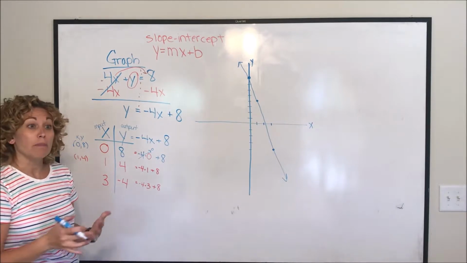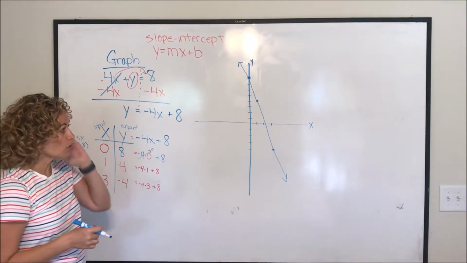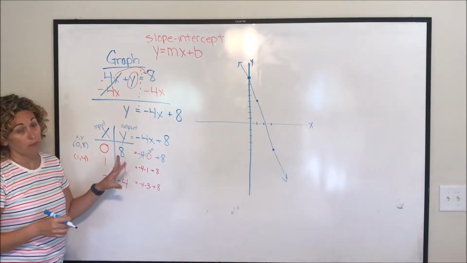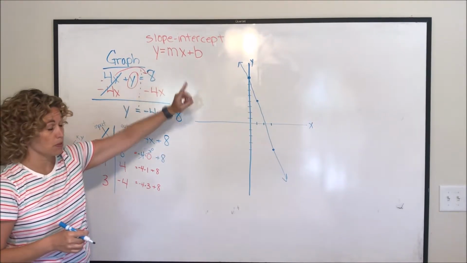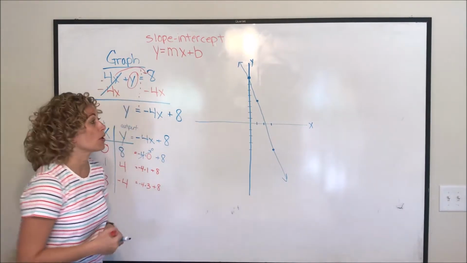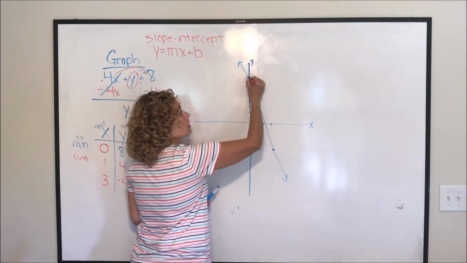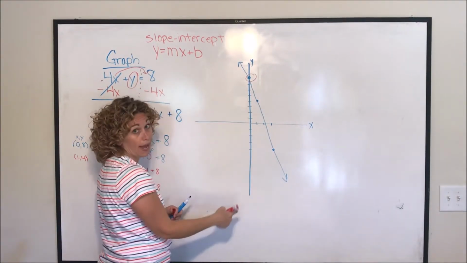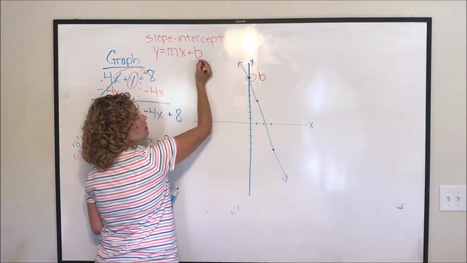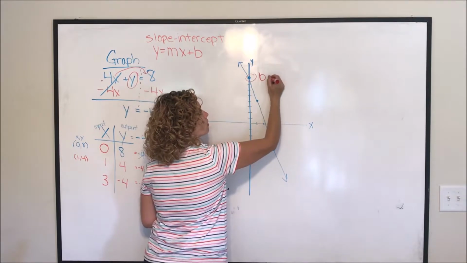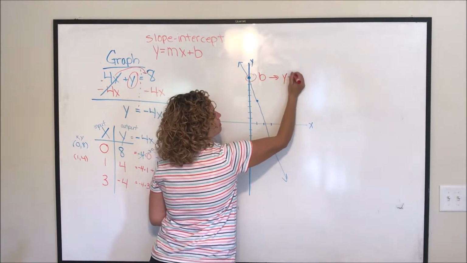Now, there are some important pieces on here. We eventually will not do a table. We want to get to the point where we'll be able to do this by using slope-intercept. So let's look at some important parts. The part right here, where it crosses the y-axis, is actually your b value, which is your y-intercept.